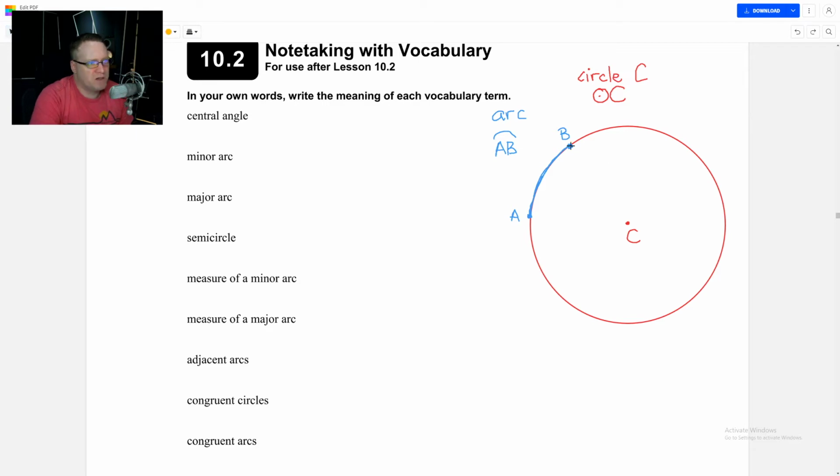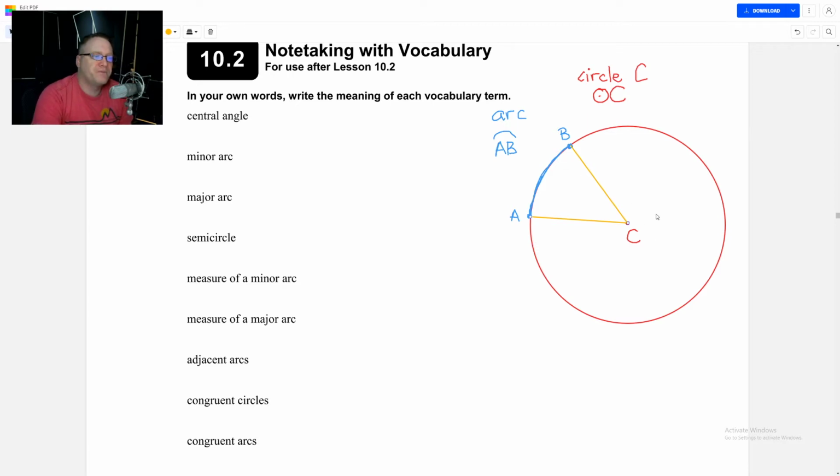We start here at B, and we go down to C. So we have a line. And I can also draw a line from A to C, from here to here. And it makes this little shape here. So we have a line segment, and a line segment, and then the arc. It makes a shape kind of like a piece of pizza or something like that.